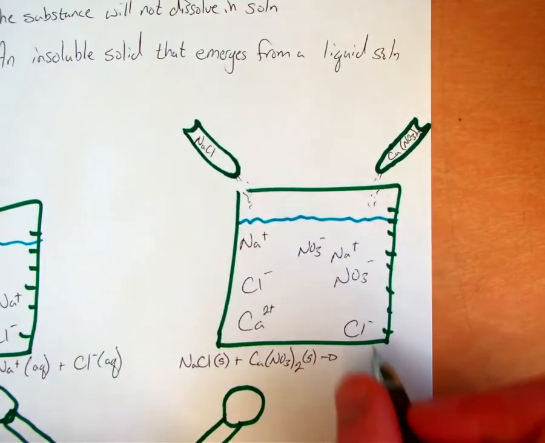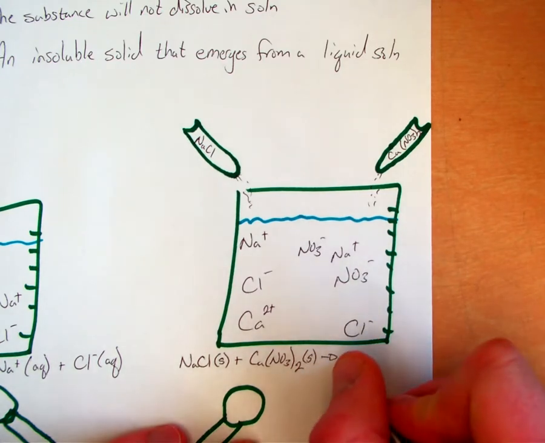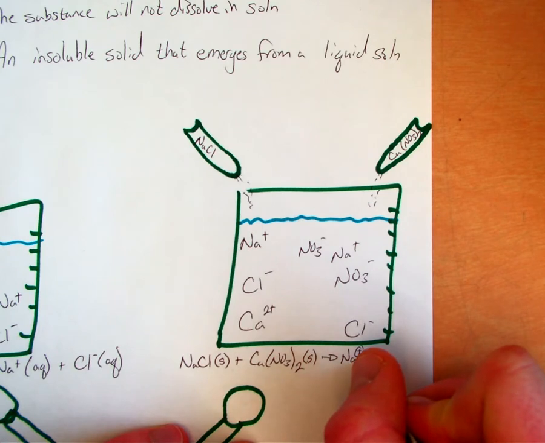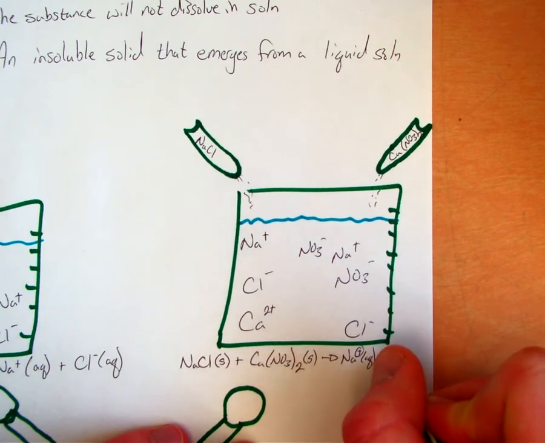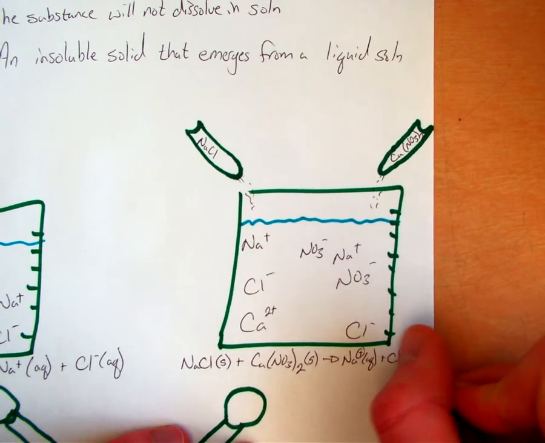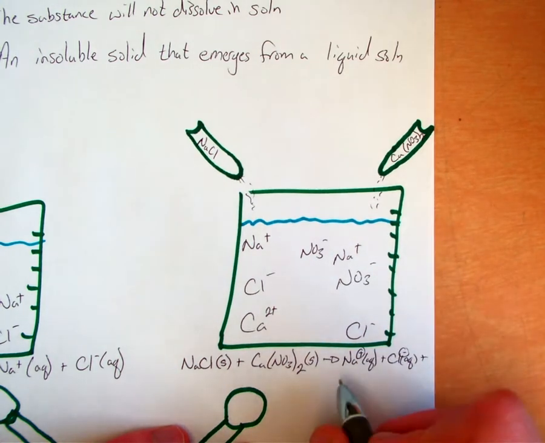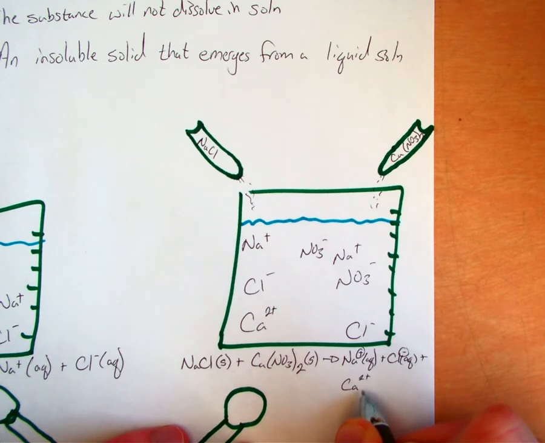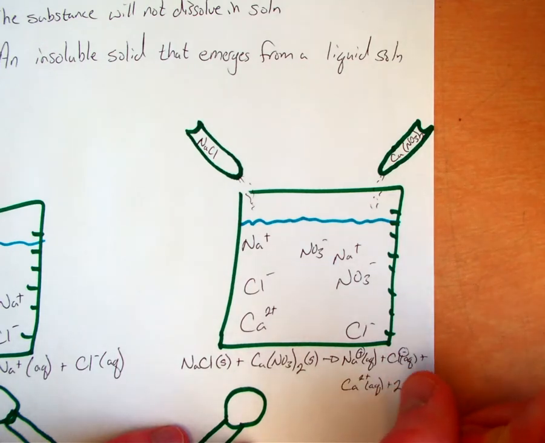And these will all, again, separate into their respective ions. So we will have a sodium ion floating, and that is aqueous. We will have a chlorine ion, that is also aqueous. We will have a calcium ion, also aqueous. Now, in order to balance this, we're going to, for every 1 calcium ion, have 2 nitrate ions.